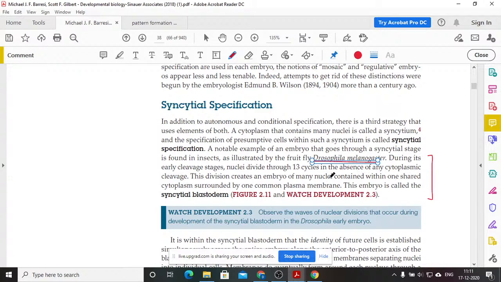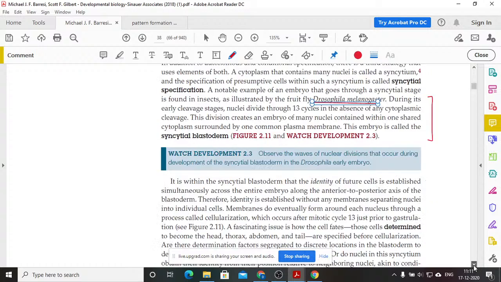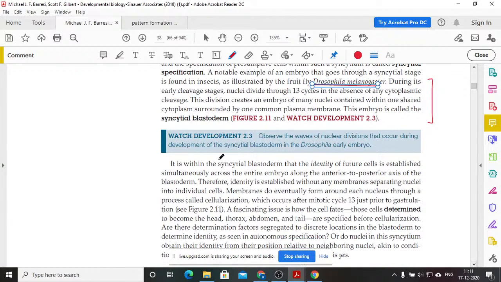This division creates an embryo with many nuclei contained within one shared cytoplasm, surrounded by one common plasma membrane. This embryo is called the syncytial blastoderm. It is within the syncytial blastoderm that the identity of future cells is established.